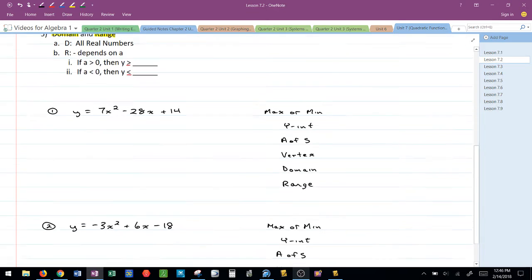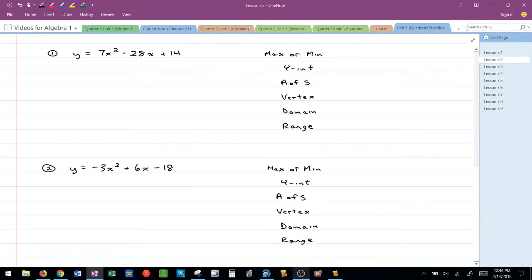So let's try to do a couple of these, see if it makes sense. All right? First thing we got to do is identify a is 7, b is negative 28, and c is 14. All right? I look at a is positive. Positive things make me smile. Because I am smiling, I know I am dealing with a minimum.